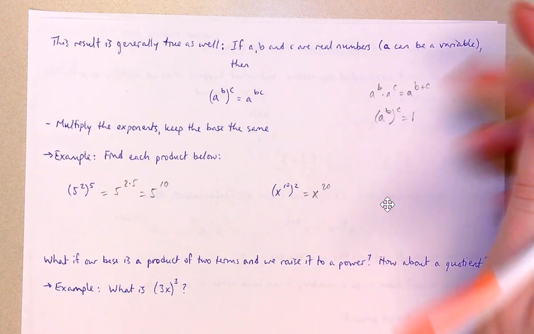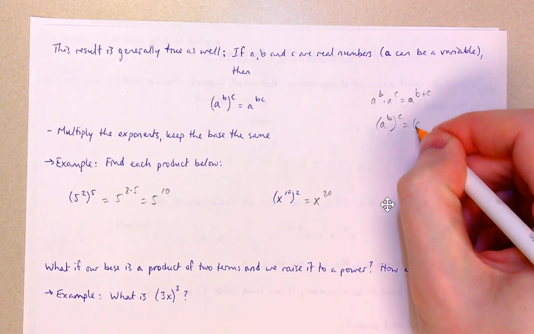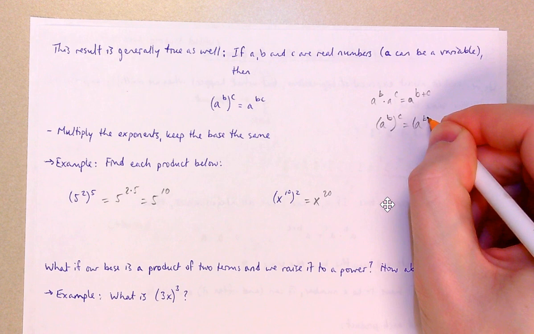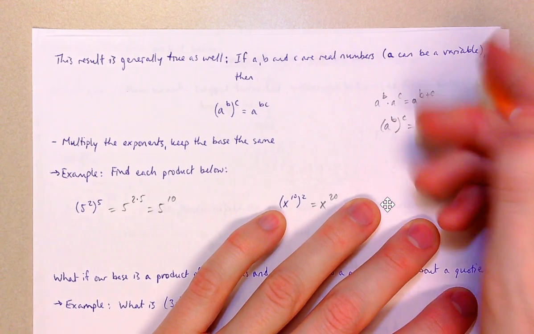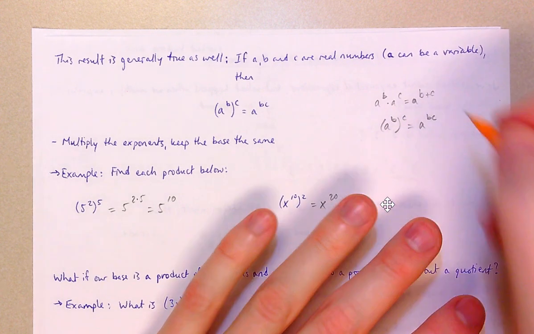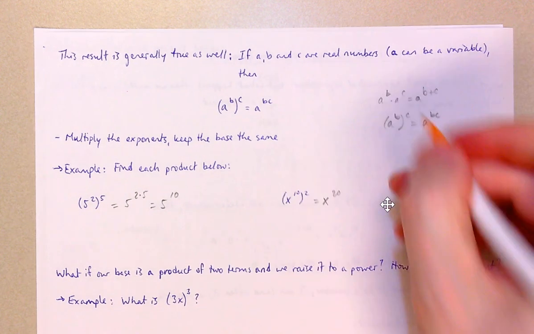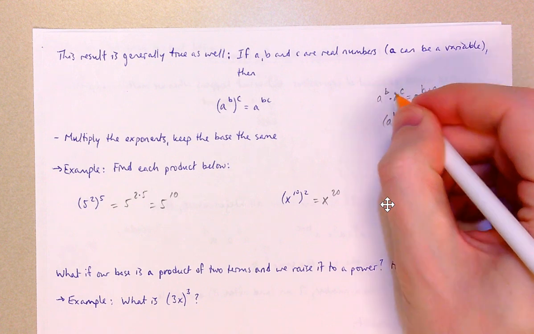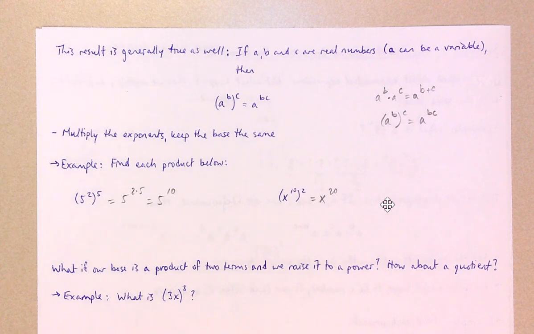And then the property that we just went through here, A raised to the power B times C. These aren't the same thing. They may look like they're saying the same thing, and people still get tripped up over it. However, this is not the same thing, so you do have to be careful here.